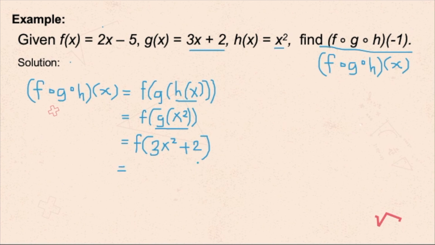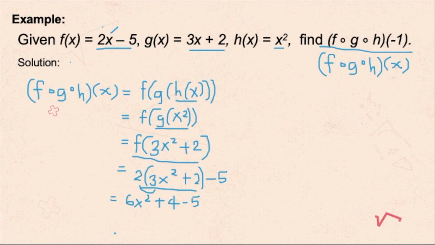You can solve now the outer function, which is f of x equals 2x minus 5. Replace now the x with 3x squared plus 2. This will be 2 times the quantity of 3x squared plus 2 minus 5. Applying the distributive property, this will be 6x squared plus 4 minus 5. Combine the constants, and it will be 6x squared minus 1.